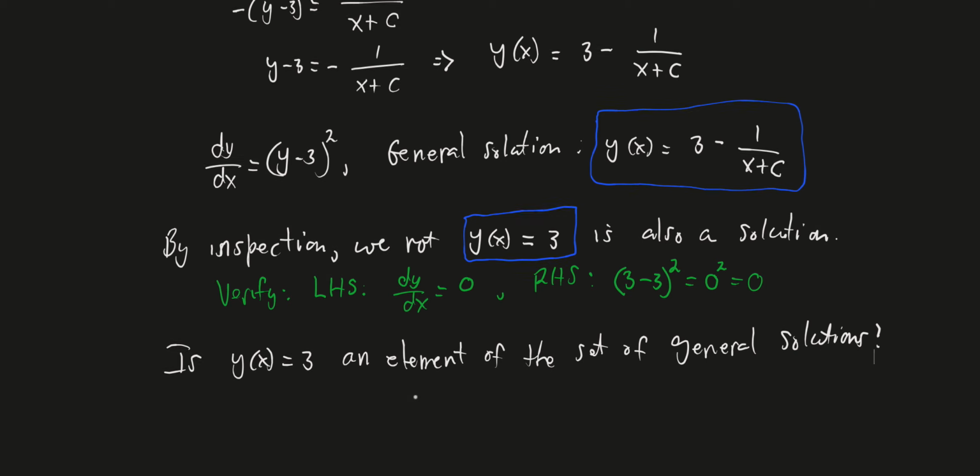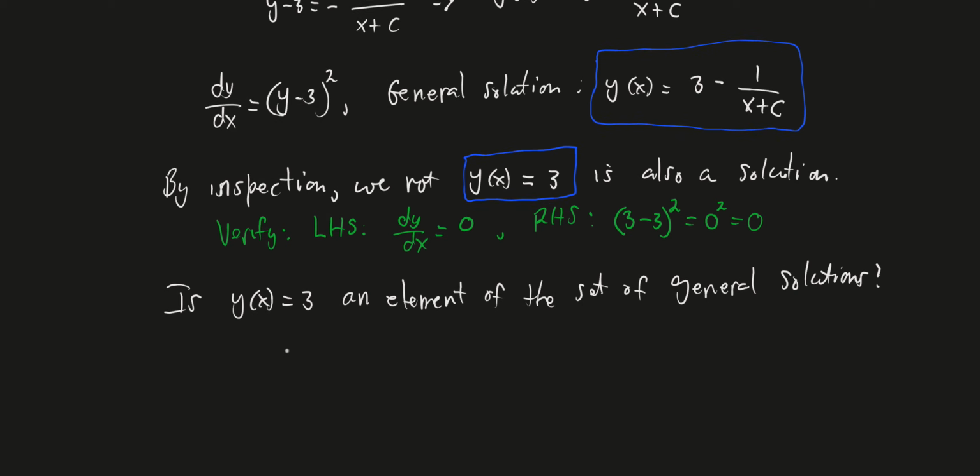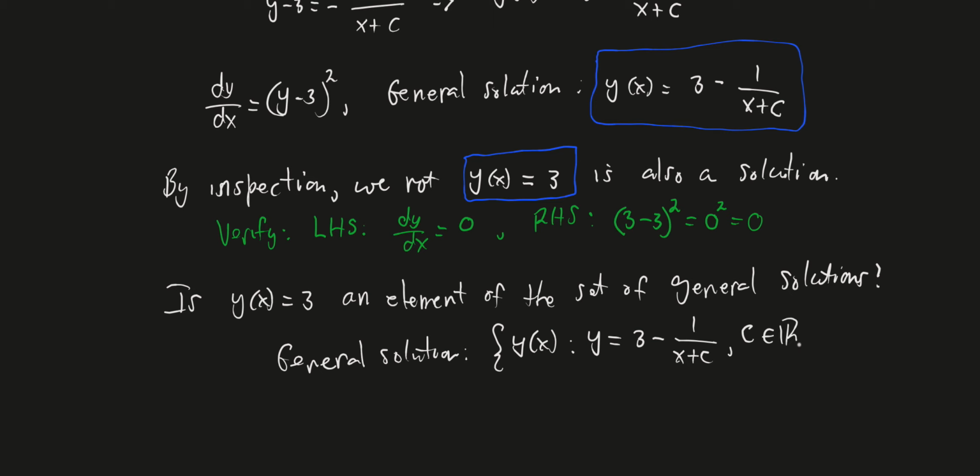So in other words, let me write down the general solution using set builder notation. So our general solution is the set of all functions y of x such that y is equal to 3 minus 1 over x plus c, where c can be any real number, right?